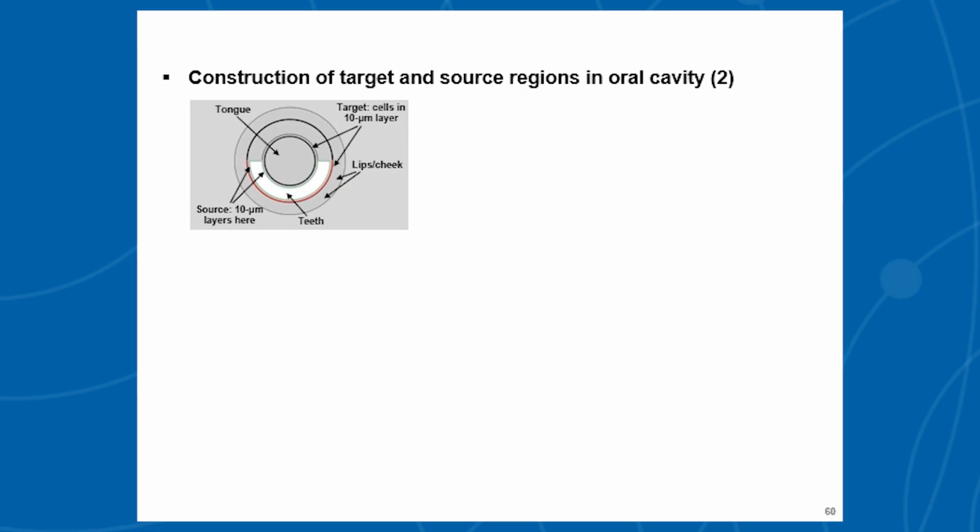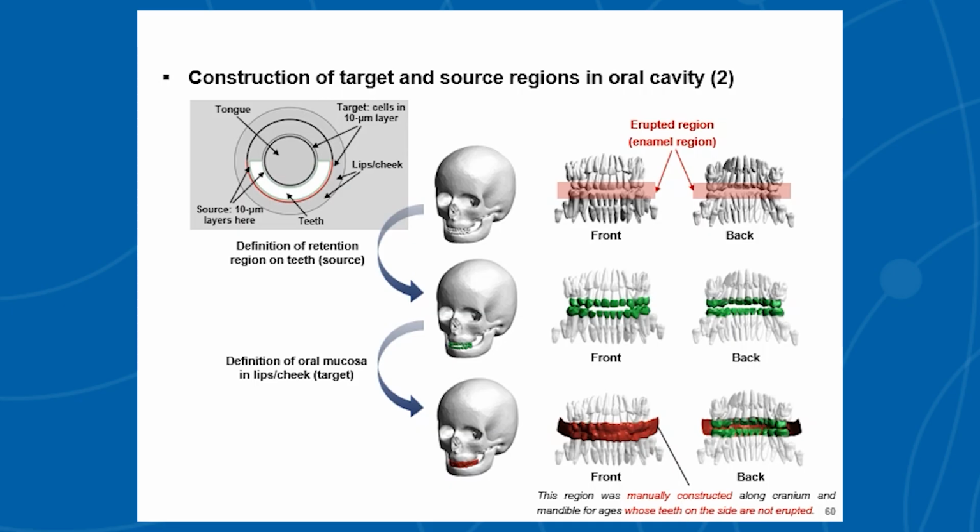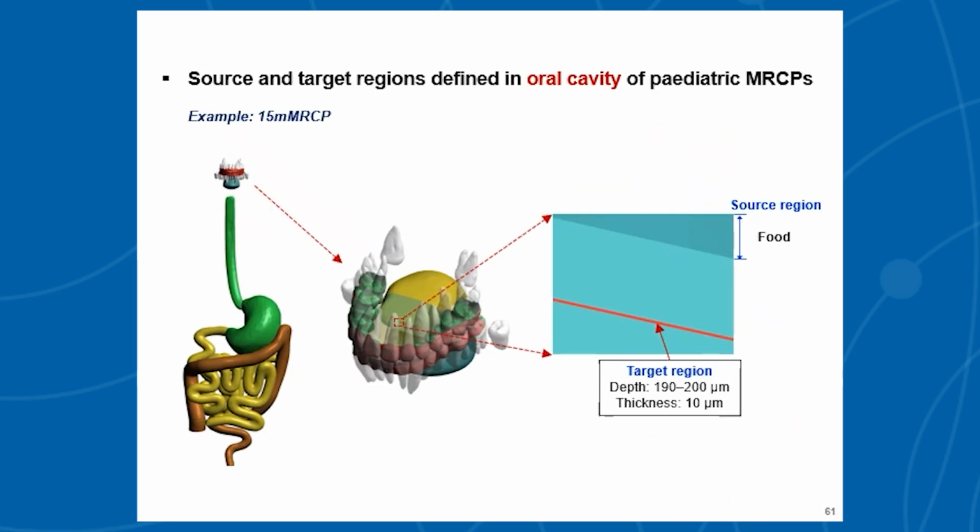Based on the exposed region of previously developed tooth models, we applied various modeling techniques to define the source and target regions at the same depth as in the stylized model. And this slide shows the target and source regions defined in the oral cavity through this process.